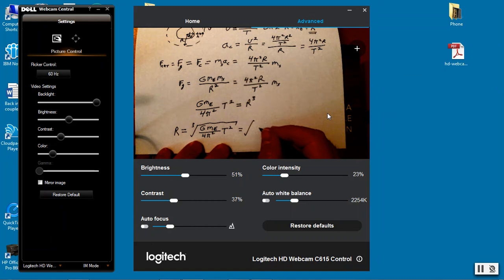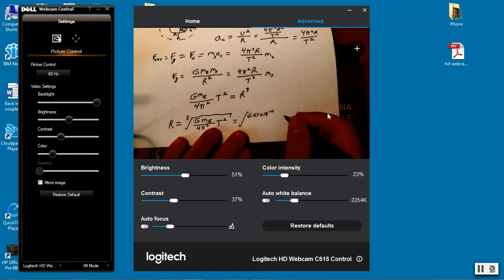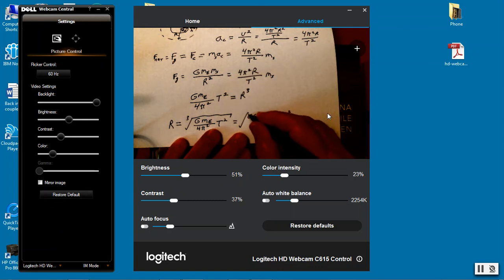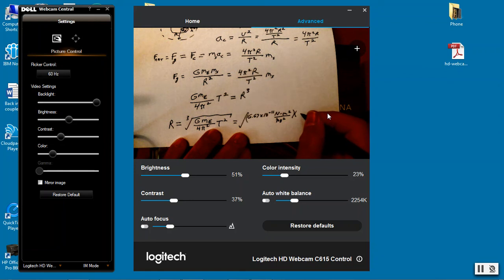Okay, so we've written down the number for big G before. 6.67 times 10 to the minus 11 newtons times meters squared per kilogram squared. Mass of the Earth, we can look that up. 5.97 times 10 to the 24.